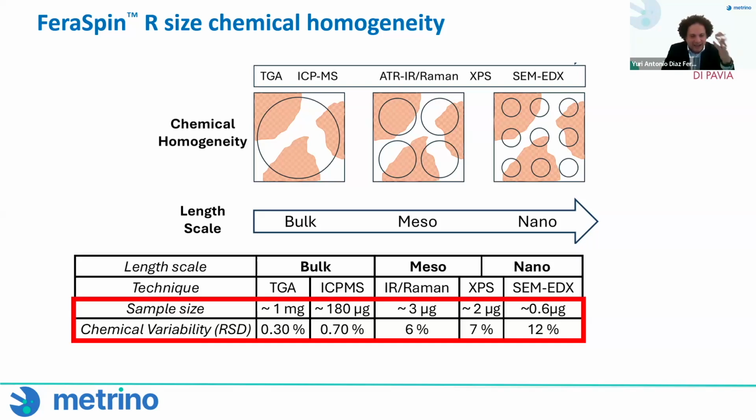This is data that has been accepted for publication in Nanoscale Advances, and I hope that in the coming weeks it will be out. What you see is that by decreasing the sample size, by going to analytical techniques that sample smaller portions of the sample, you see an increase of the variability.